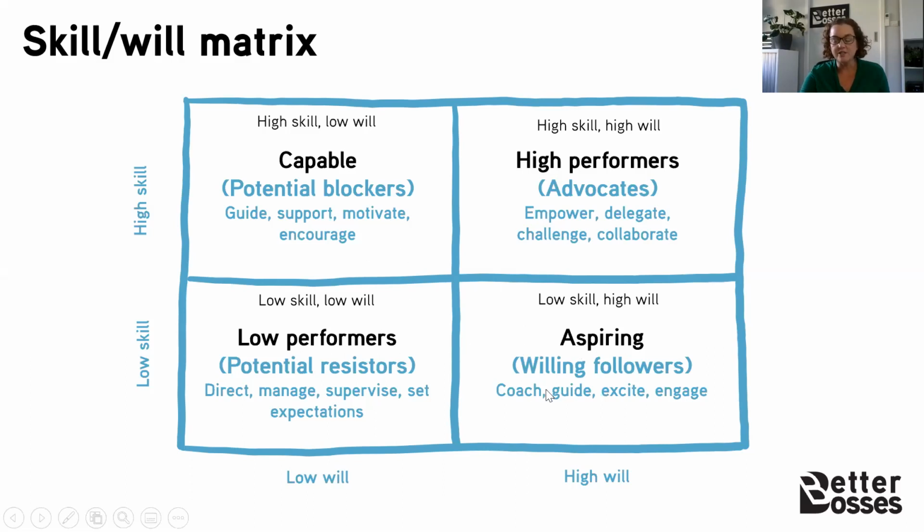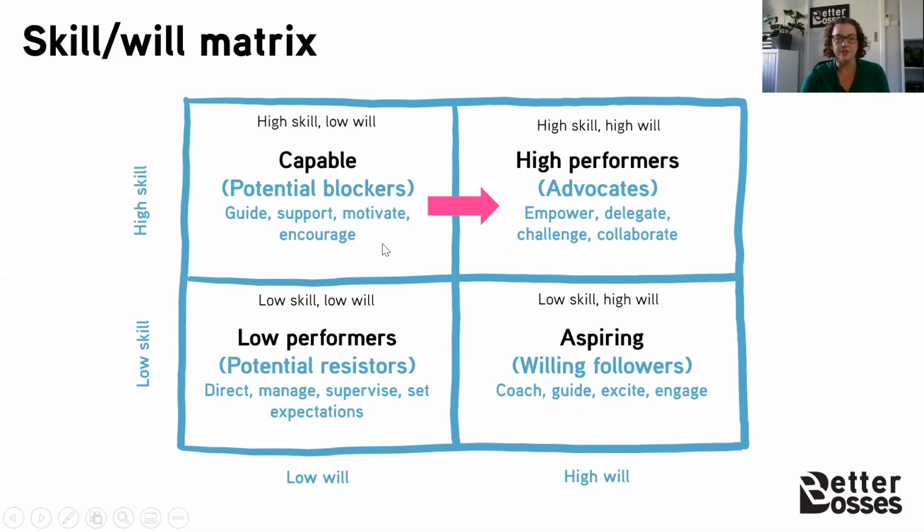So what you're trying to do is move these capable people into the high performers quadrant. The same with the aspiring people, moving them up into high performers. And this quadrant here is an interesting one, the low performers. You obviously would really like to move them up here, but you may find you need to go one of these ways first.